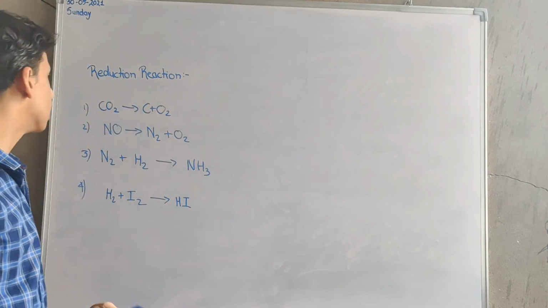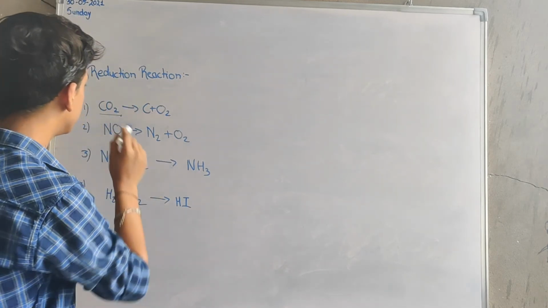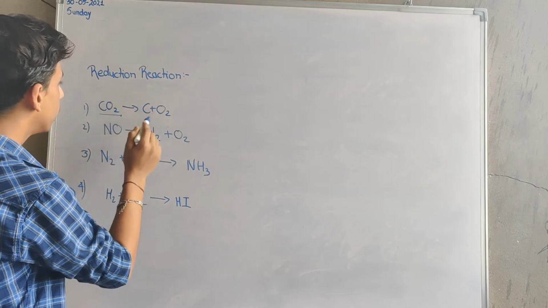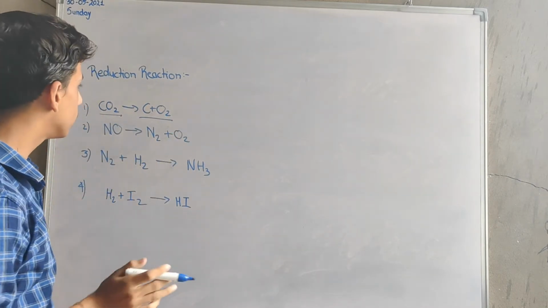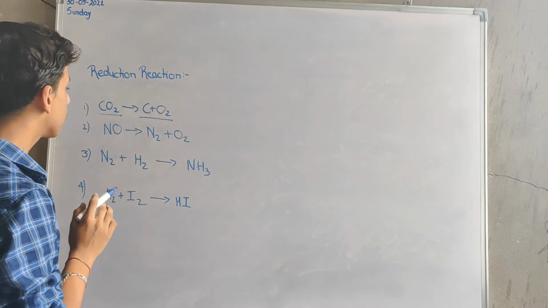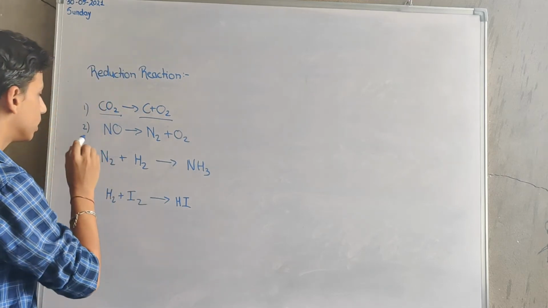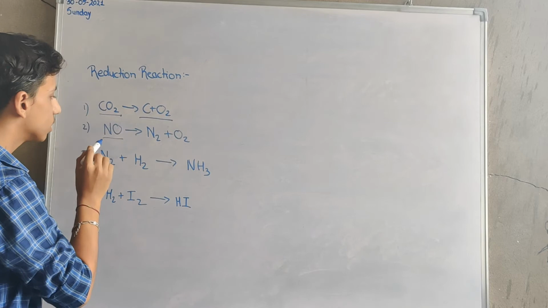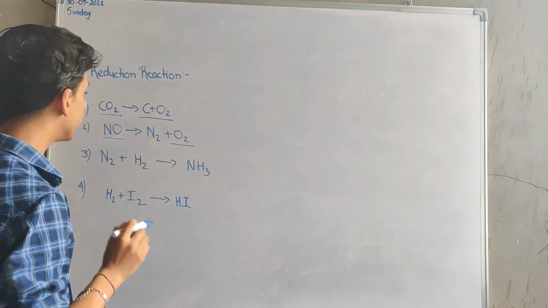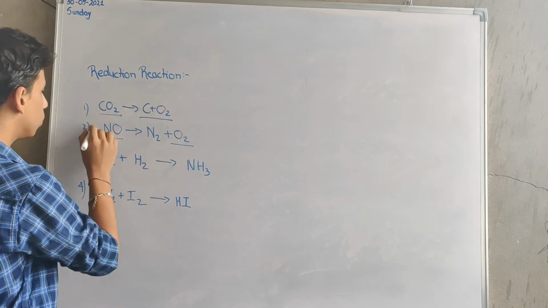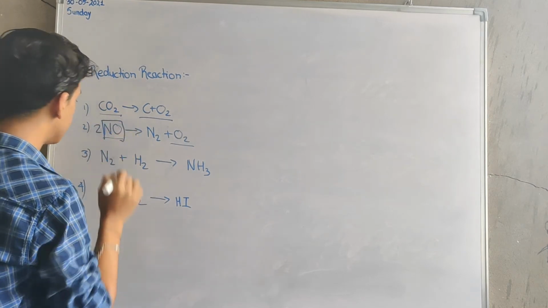In the first example, the CO2 compound is there, then the oxygen separates from this compound, and so it is a reduction reaction. This equation is already balanced, so we will not balance it. Then in the second example, this is the compound NO, then the oxygen separates from this compound, so it is a reduction reaction. To balance it, we have to only write 2 and the equation is balanced.